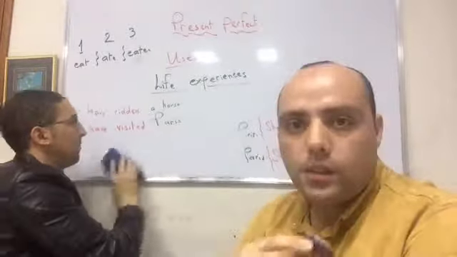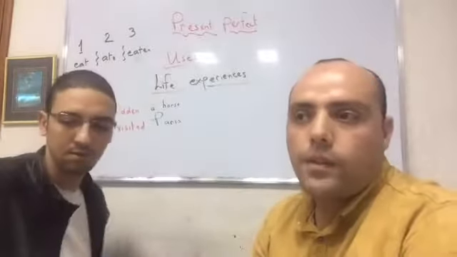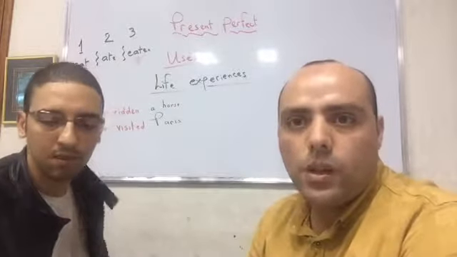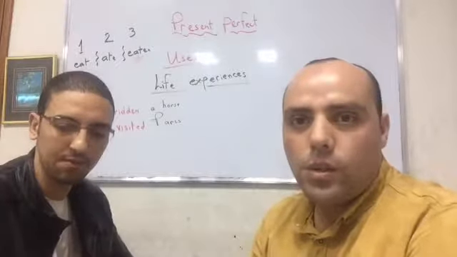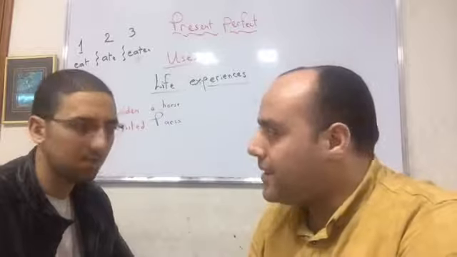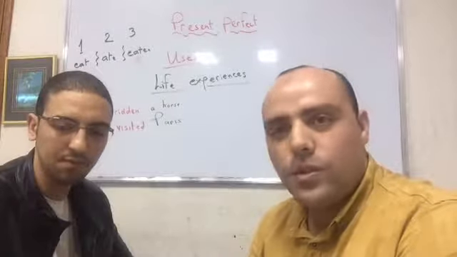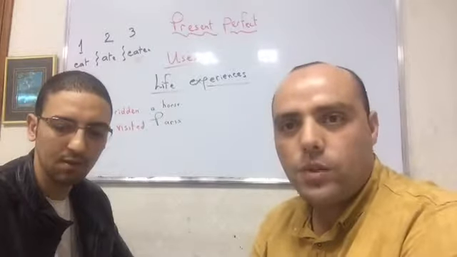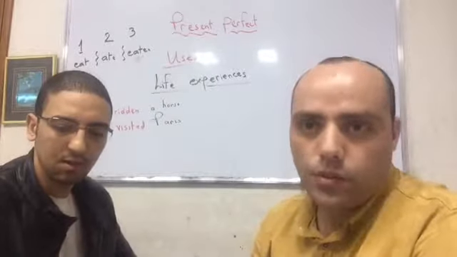So you cannot tell a friend in front of you that "I've gone to Paris" when you are in Egypt or Morocco, unless you are a ghost or something like that. You have to use "I've been to Paris," "I've been to London," when you are in another country.